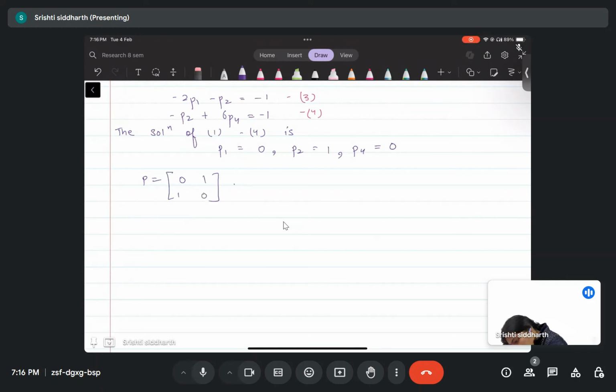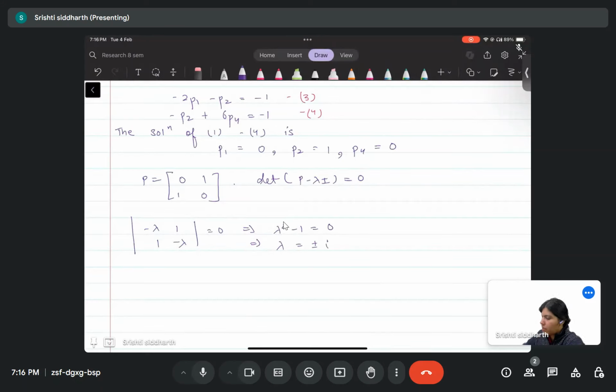Okay, so now we have to talk about the eigenvalues. So again, the determinant of P minus lambda I is 0. Lambda square minus 1 is 0, which is, sorry, it's not imaginary. Alright.